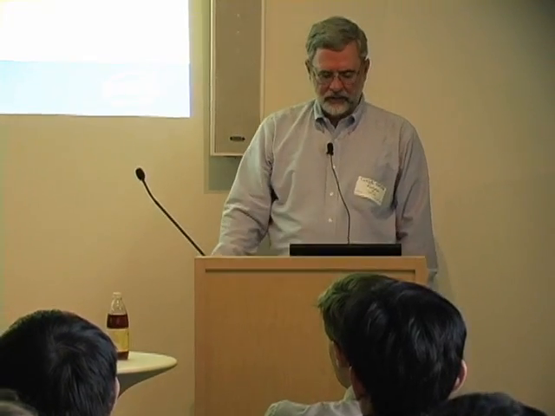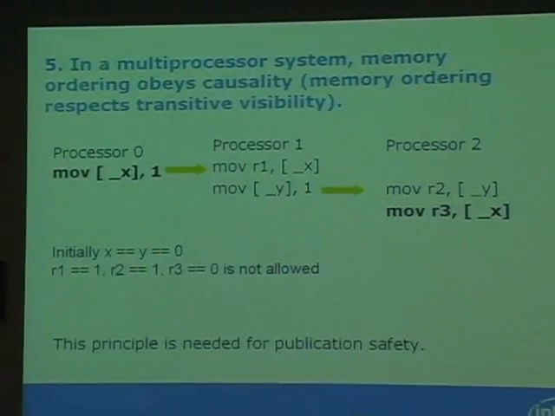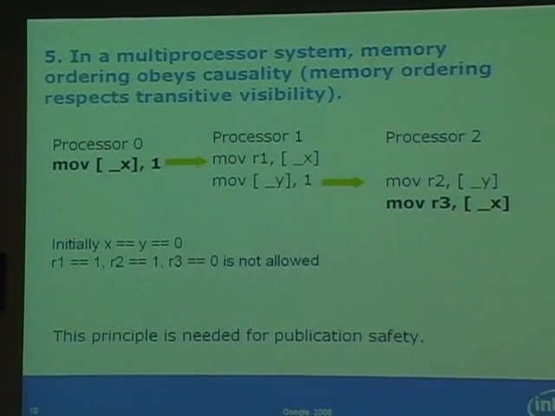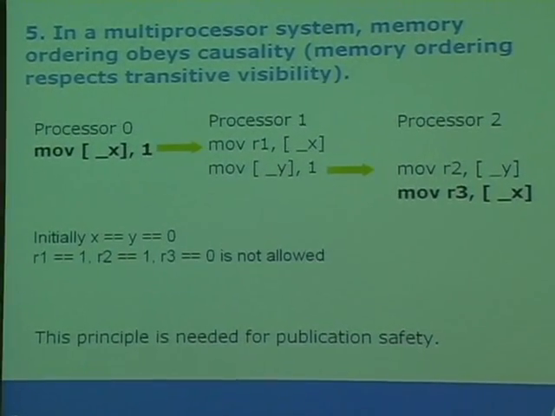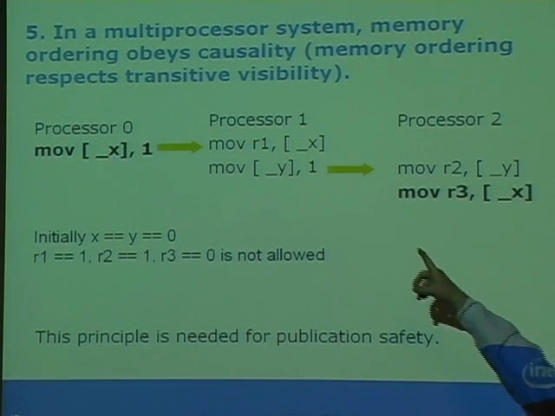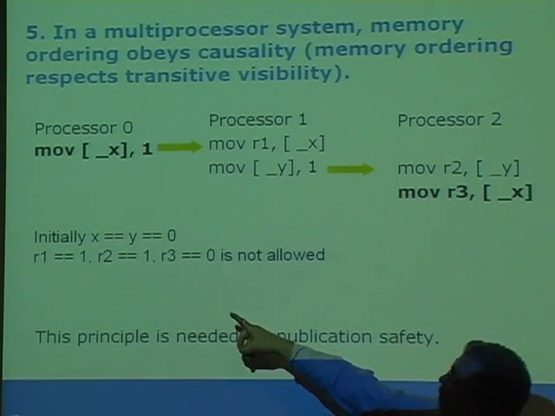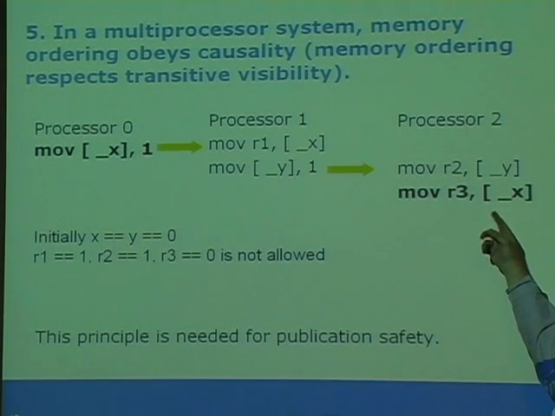So what this says is if I write 1 to X on processor 0, and processor 1 sees that for any reason, and then it writes 1 to Y, and then processor 2 sees what processor 1 has written, then by virtue of the fact that processor 1 has seen what 0 has, processor 2 will also see the write of X. So if processor 1 sees the 1, and processor 2 sees the 1 written by processor 1, then he cannot see 0.